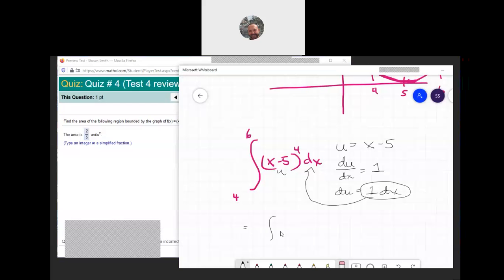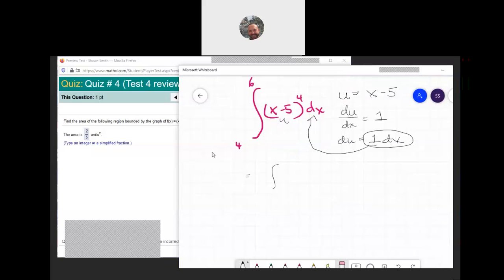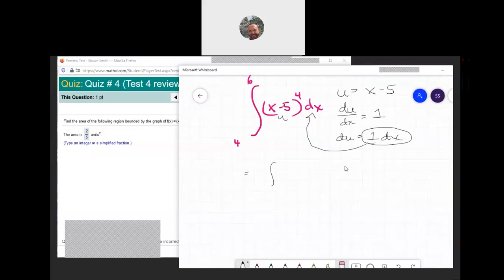Now this is a definite integral because we're using limits of integration, 4 to 6. But this is x, right? I need to change that. We're turning this into u. So if x is 4, 4 minus 5 is negative 1. 6 minus 5 is positive 1. So these are u values when I make my substitution.